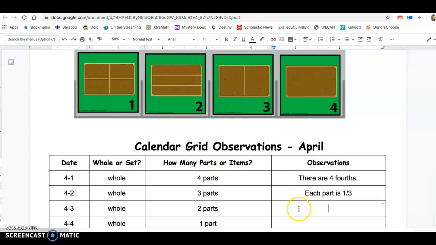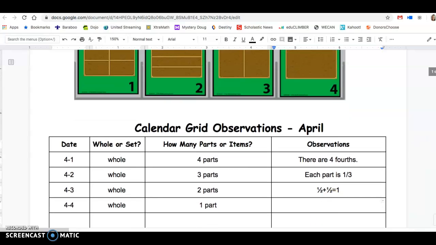So for this one, for my observation, I'm going to write an equation. It's going to be the fraction 1/2 plus 1/2 equals 1 whole. Maybe you have some other observations that you would like to tell someone at home about.